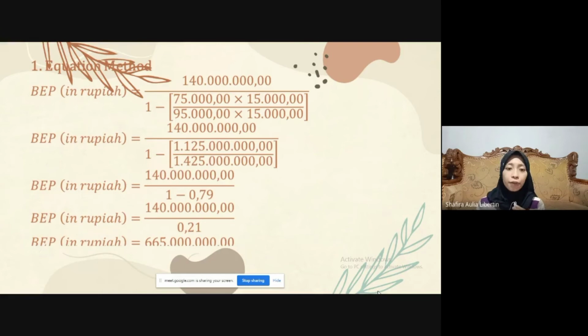Then we simplify until we get the BEP in rupiah of PT Admira of the Sea equals 665 million rupiah.